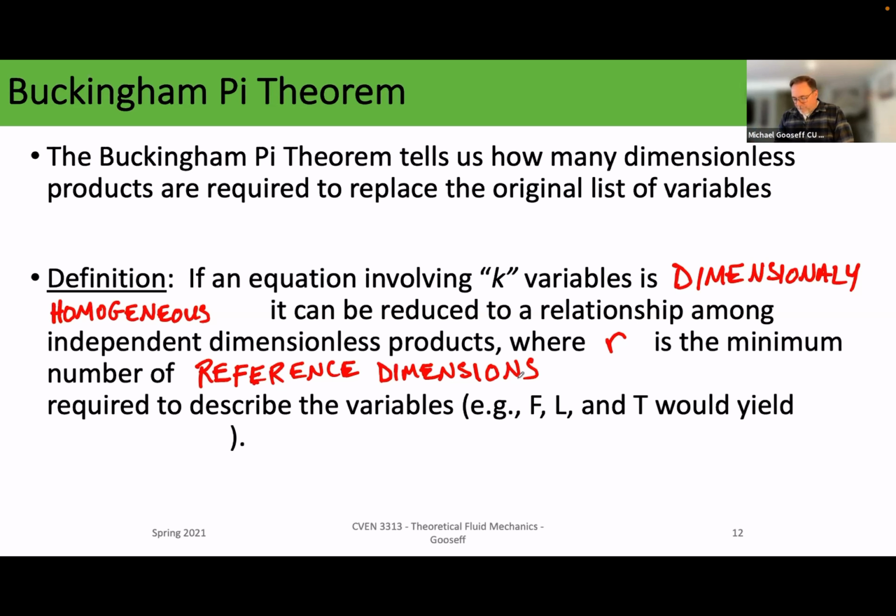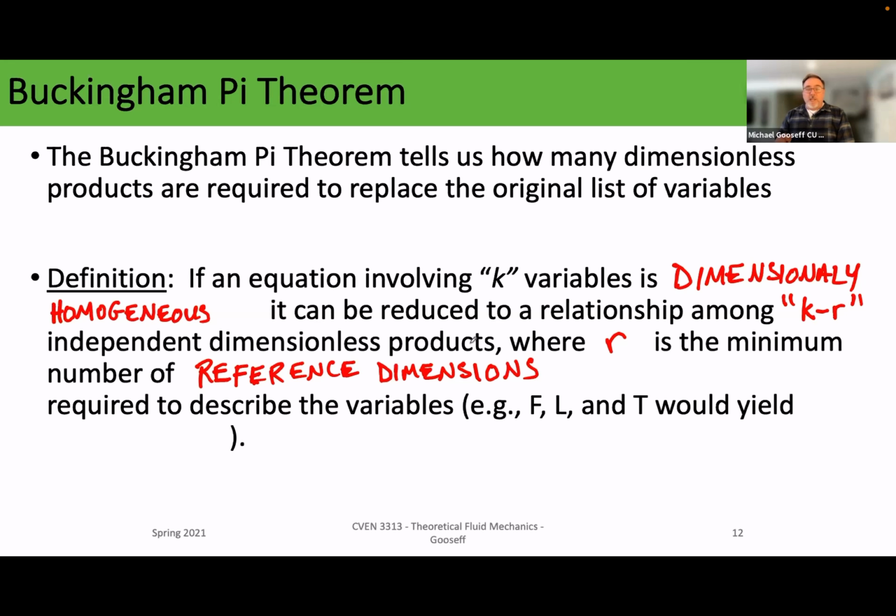And that would yield K minus R. So if an equation involving k variables is dimensionally homogeneous, it can be reduced to a relationship among k minus R independent dimensionless products, where R is the minimum number of reference dimensions.